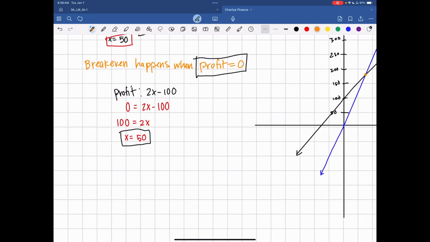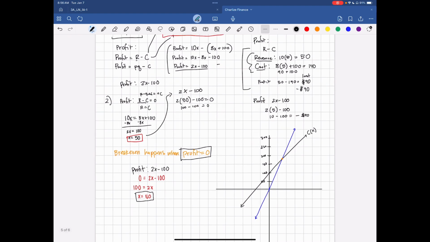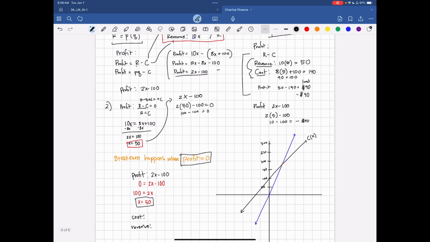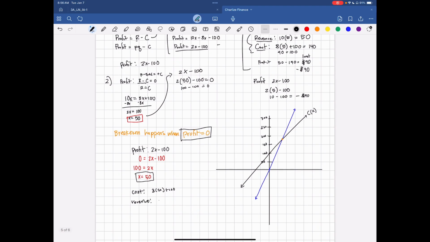Let's just say, just for another thing, just interesting, cost and revenue. I'm going to plug in the 50 into each of these equations. 8 times 50 plus 100, and then 10 times 50.